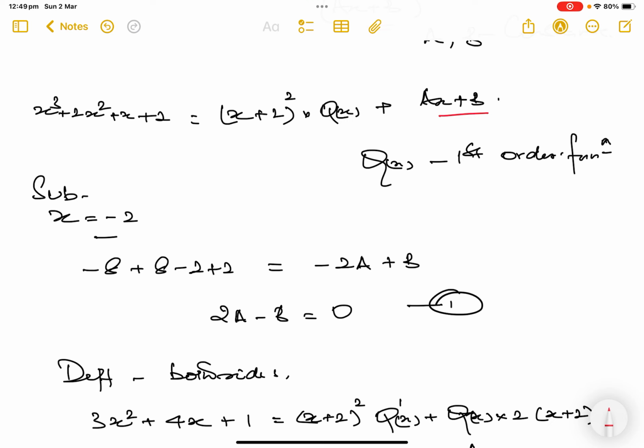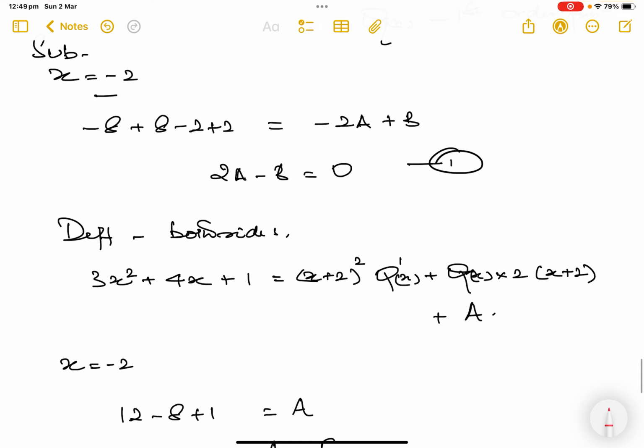It's just another indication that x plus 2 is one of the roots. The right-hand side, the first part is gone to 0, leaving minus 2a plus b. So minus 2a plus b is 0, one equation.